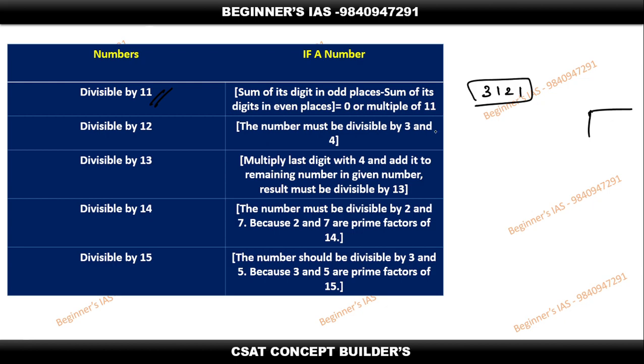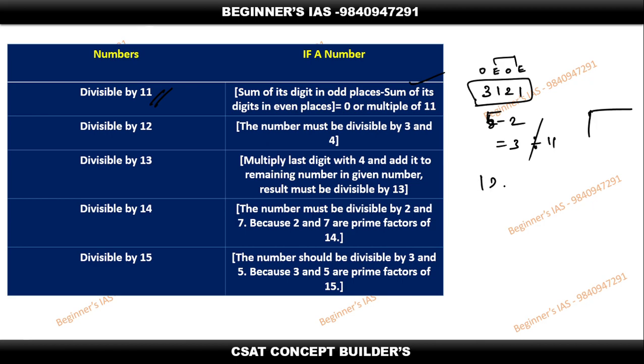But here, in order to save your time, apply this logic: the sum of the digits in the odd places minus the sum of the digits in the even places. I am just marking odd, even, odd, even. The odd places sum to 6, minus the even places, 1 plus 1, 2. Sorry, the odd sum is 5. So the result is 3. 3 is not divisible by 11. Therefore 3121 is not divisible by 11.